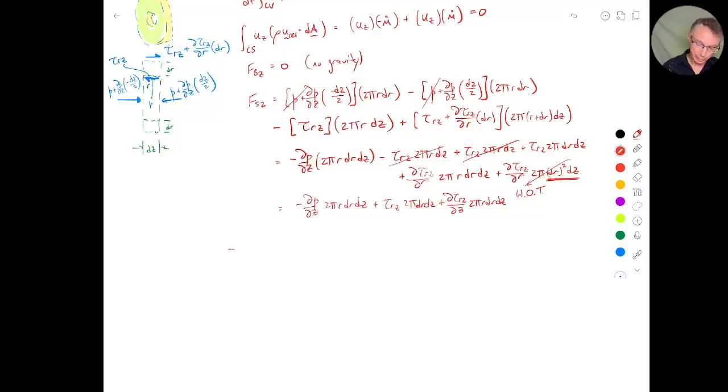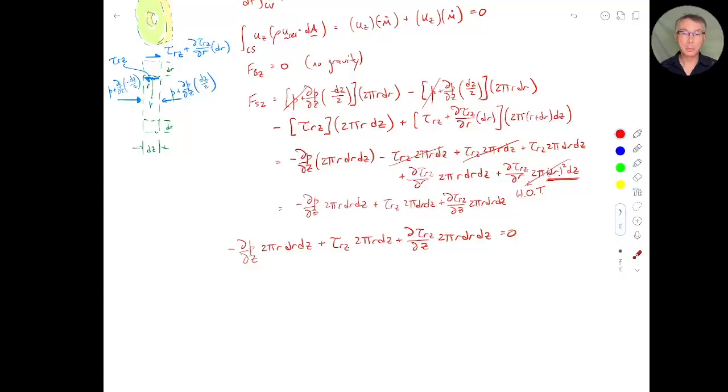It's going to look pretty much the same as what I just wrote. I'm just recopying the previous line. But that whole thing adds to 0 when we put it back into the linear momentum equation.